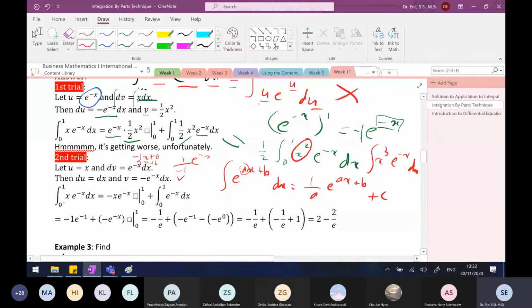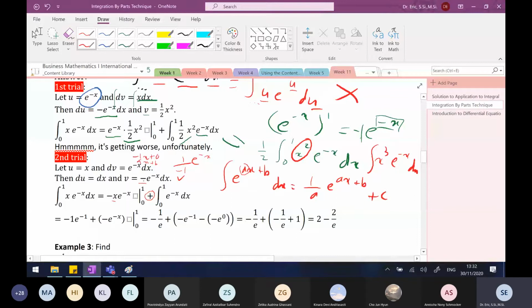So you have, what is this? u, v, v is this. Don't forget the minus is in front. Minus e to the power of minus x, evaluated at 0 and 1. Minus the integral of v, and don't forget minus will give you plus.